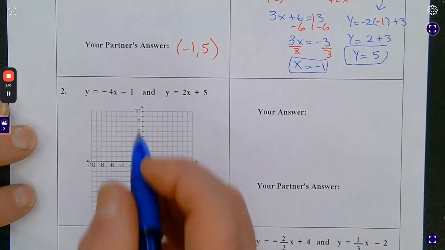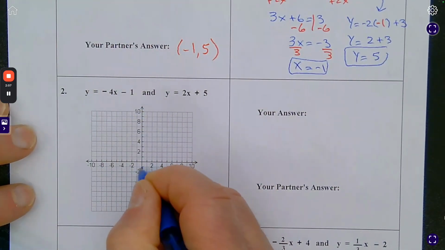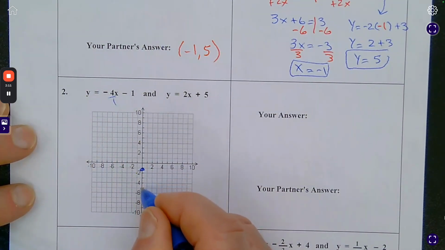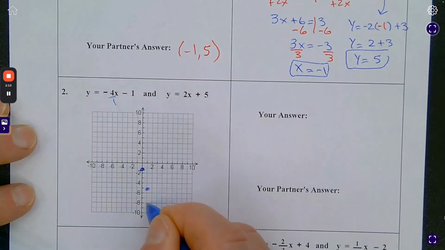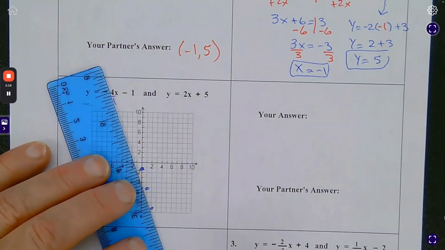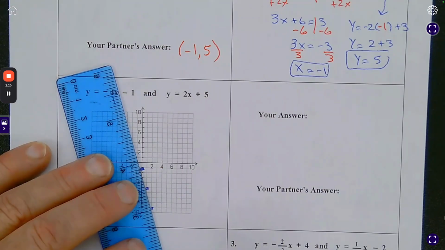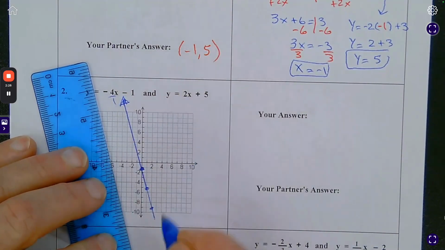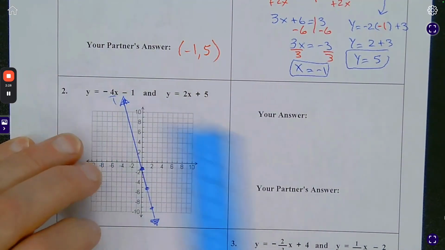Okay, this is going to be the graphing method. Y-intercept of negative 1, slope of down 4 over 1. Down 4 over 1, like that. Make an accurate graph. That's important. Muy importante. Accurate graph. Okay, like that. And like that.